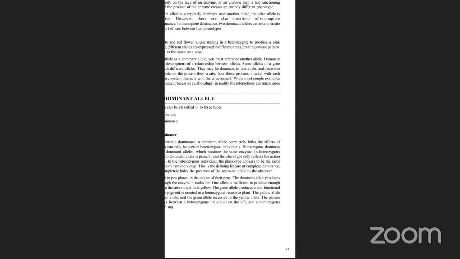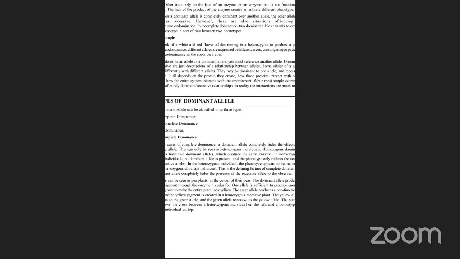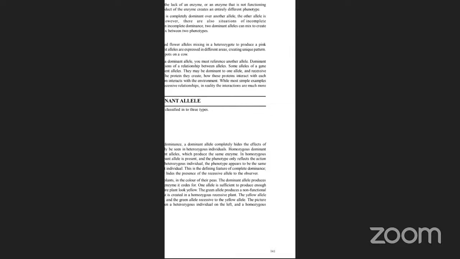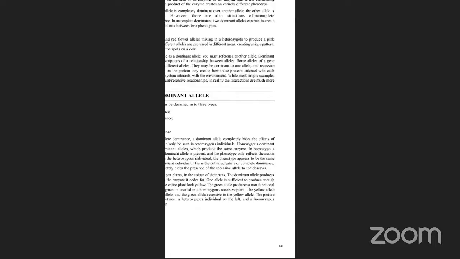Complete dominance, incomplete dominance. In case of complete dominance, a dominant allele completely hides the effect of a recessive allele. Homozygous dominant individuals have two dominant alleles, and the phenotype only reflects the action of the dominant allele.